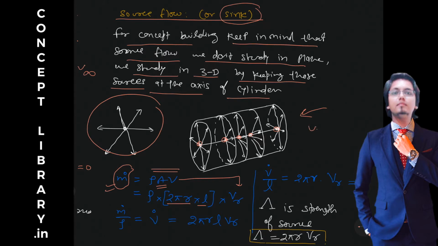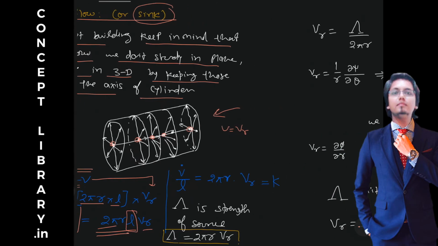Send rho down, so m dot over rho is nothing but the mass flow rate converted into volume flow rate. Then you divide by L, so we are left with 2 pi r Vr. And this V dot by L is called capital lambda.